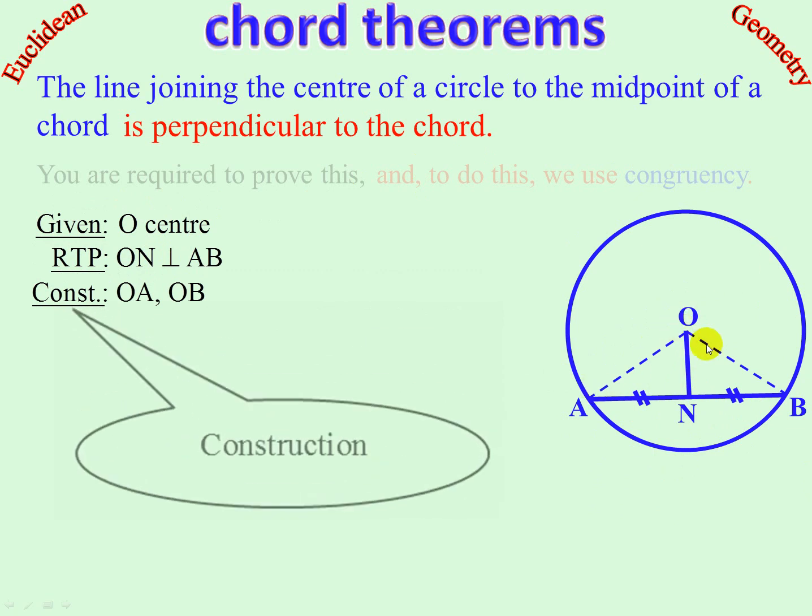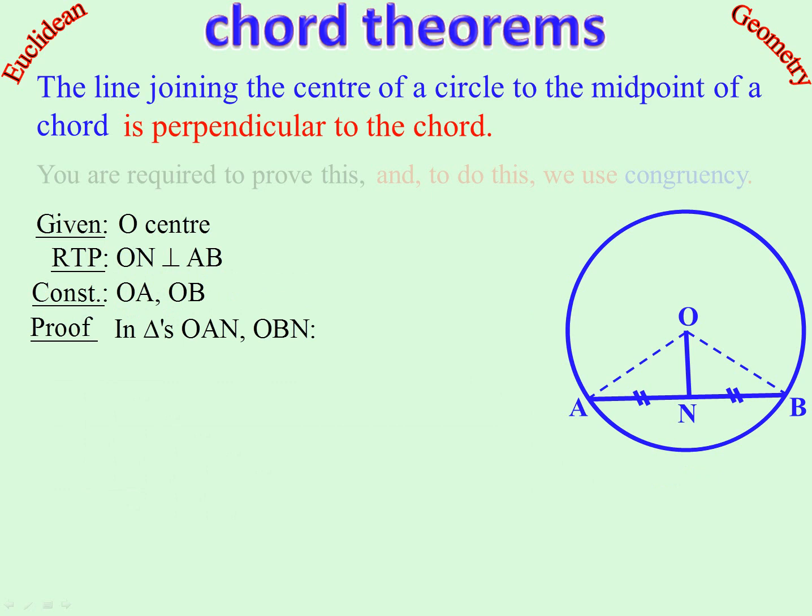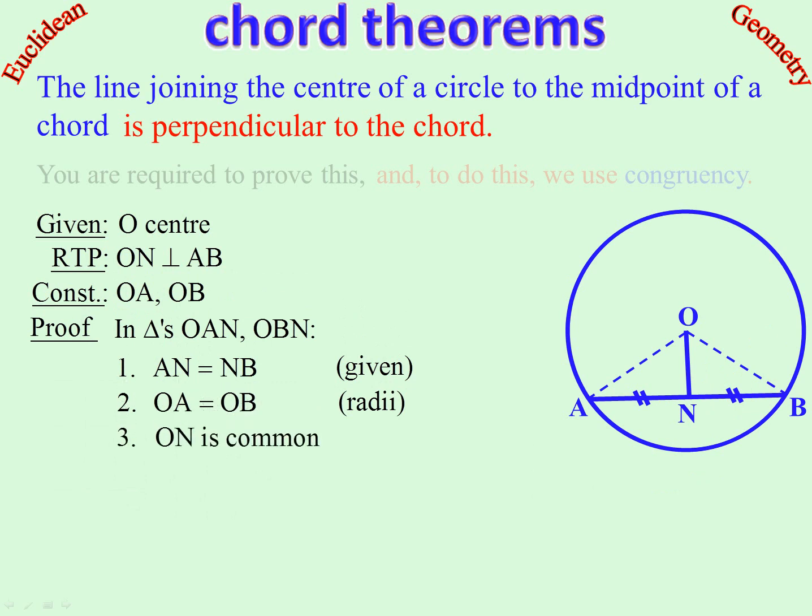Construction. We need to join the 2 radii. So now we're going to prove those 2 triangles congruent. That's simple enough because AN equals NB, the reason being given. OA equals OB, the reason they are radii. And ON is common.